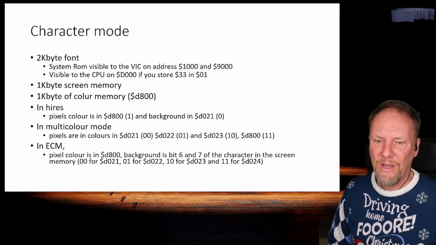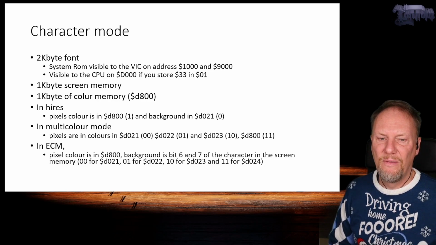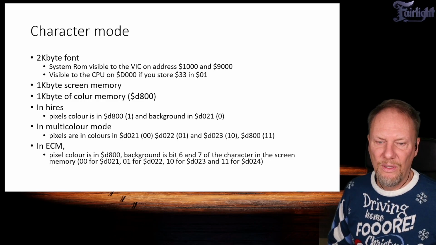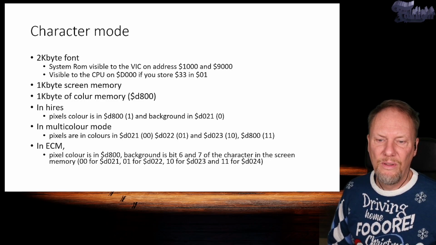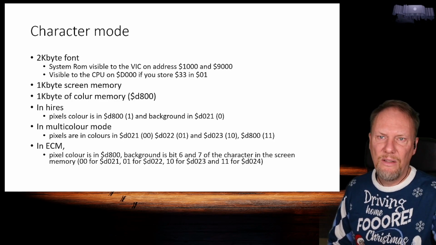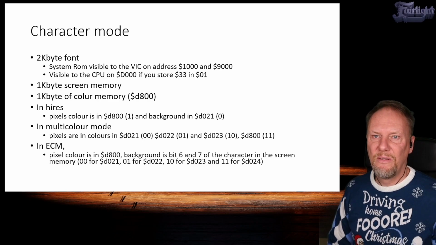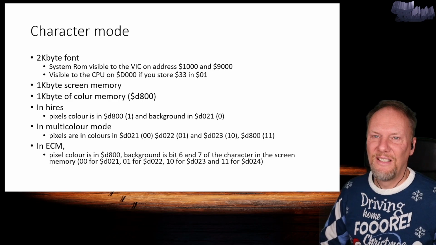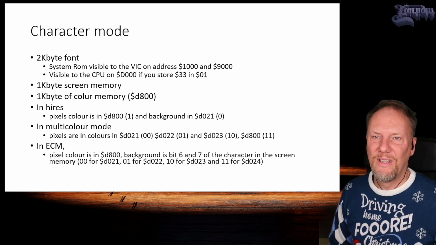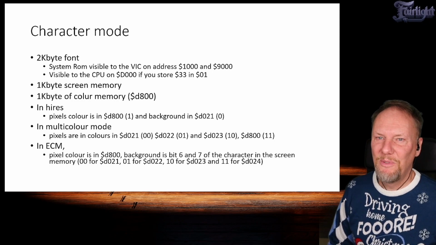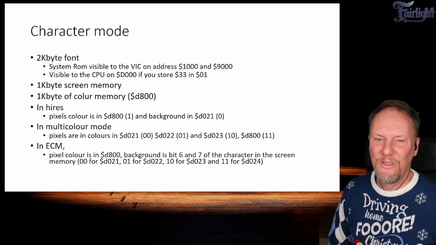So you can set 4 background colors. They are common for all of the screen, and they are picked from D021, D022, D023 and D024. So it's all there in text. The text might explain it better than I do. Is there any real use for extended color mode? Yeah, possibly. It's only up to your imagination whether it's usable or not.